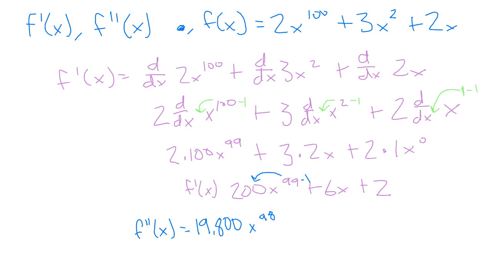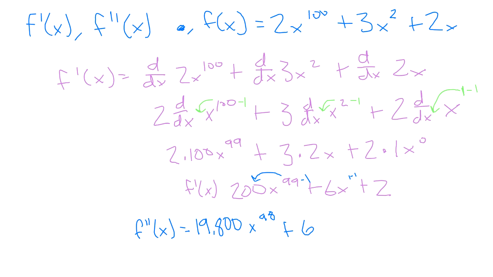And then we have our 6x to the first. So we just pull that 1 out, which leaves us with just 6. Subtract 1, so we get x to the 0, which is just 1. So x to the 0 is just 1, so we're left with just that 6.